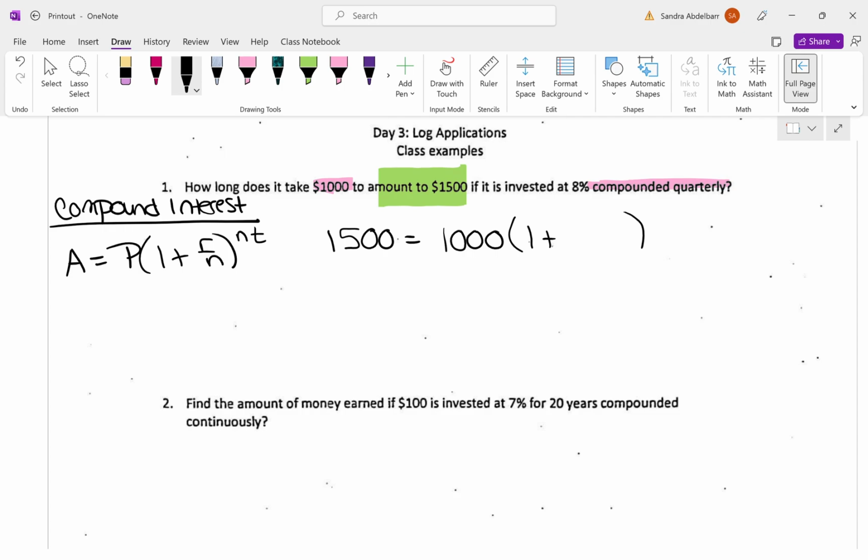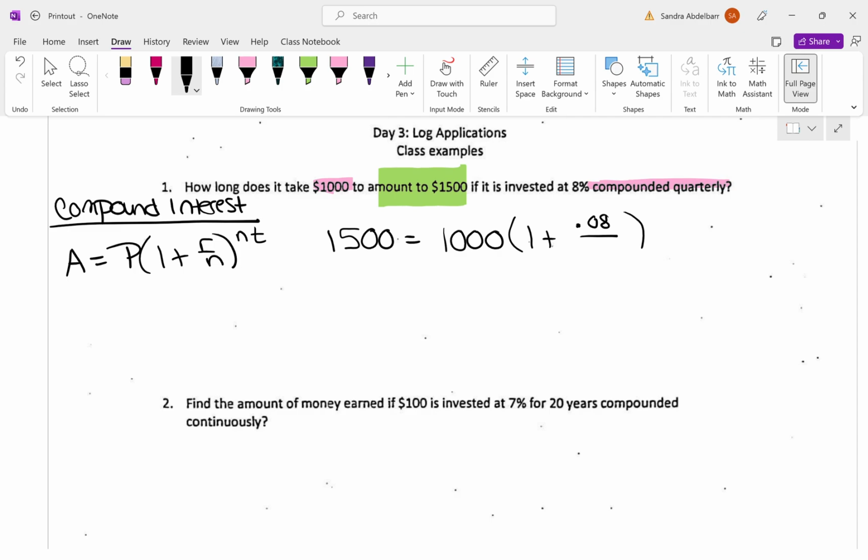All right, R is the rate. So it says if it is invested at 8% compounded quarterly. Do we all agree the rate is 8%? But I want to take that percent and write it as a decimal. So how is 8% written as a decimal? 0.08. Good. 0.08 over the number of times each year.